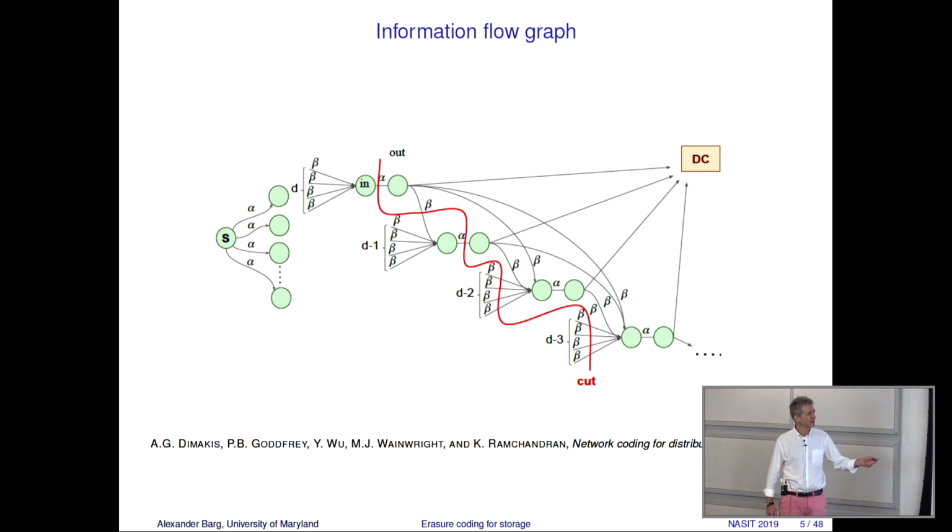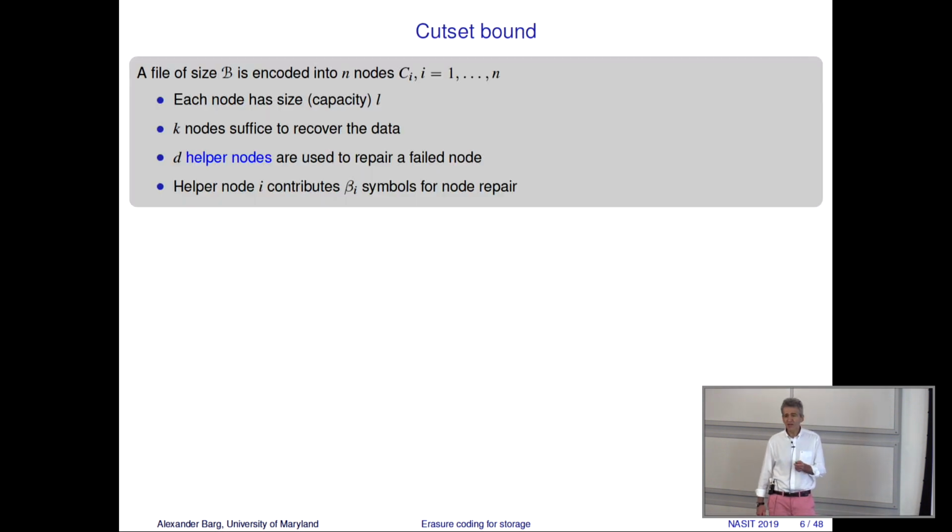So we look at the nodes, and they communicate some amount of information to create a replacement node, and those replacement nodes are being created until the task of the data recovery, and then this set of active nodes transmits the information to the data collector, who provides the data to the user. A rough description of the information flow graph, but a very useful outcome out of this consideration, not a difficult one, by the way, but this is a new viewpoint that was really the contribution of that paper.